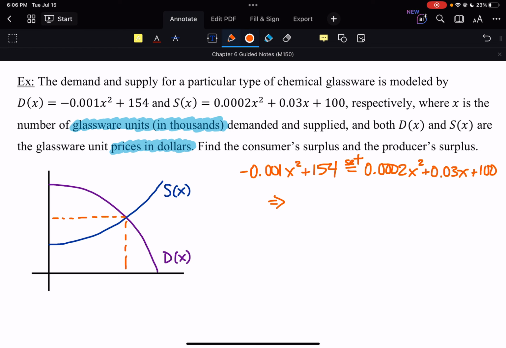And if we go through this process, that's going to be 0.0012x squared plus 0.03x minus 54 equals 0.